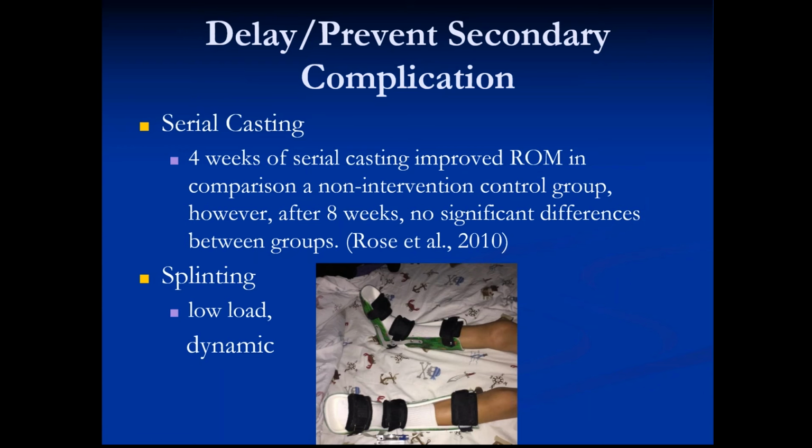We have a couple of ways of doing that in addition to daily stretching that the medical team might consider using as part of physical therapy. You might consider serial casting, and Rose et al. put out a study in 2010 stating that after 4 weeks of serial casting, improved range of motion was noted in comparison with the non-intervention control group. However, after 8 weeks, there were no significant differences between the groups.